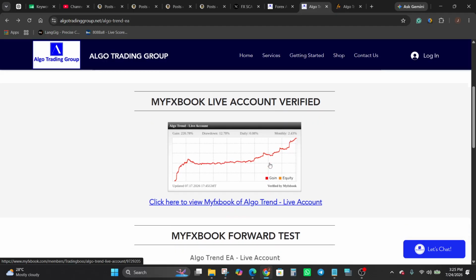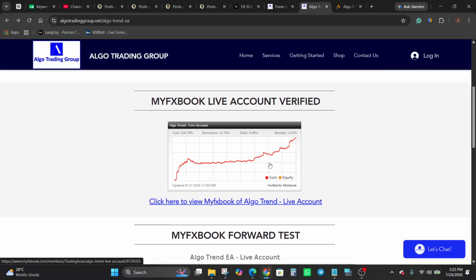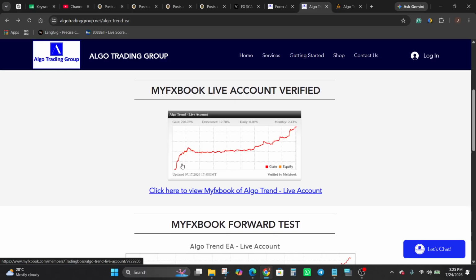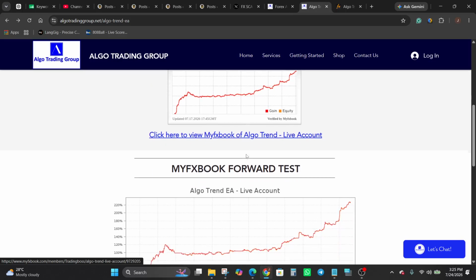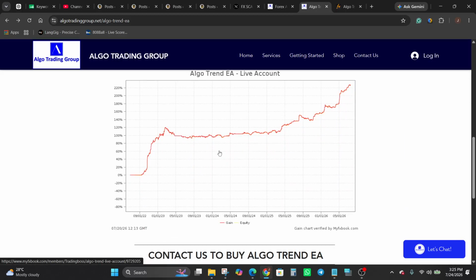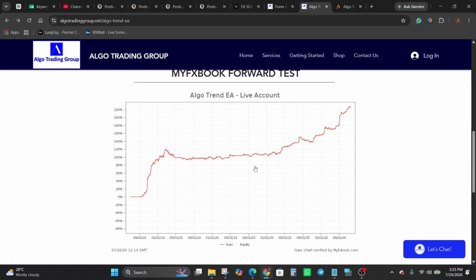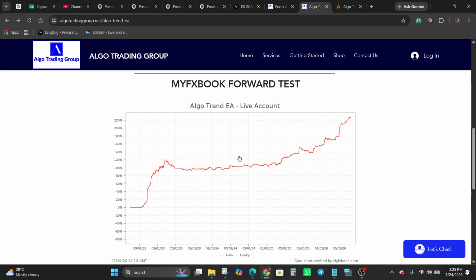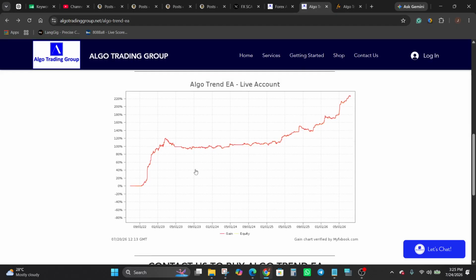All right, taking a closer look at the growth curve over time, we observe an initial sharp upward movement early in the test period, followed by an extended consolidation phase spanning late 2022 through 2024. We can see that here, looking at this forward test. So growth was relatively flat around the zone.